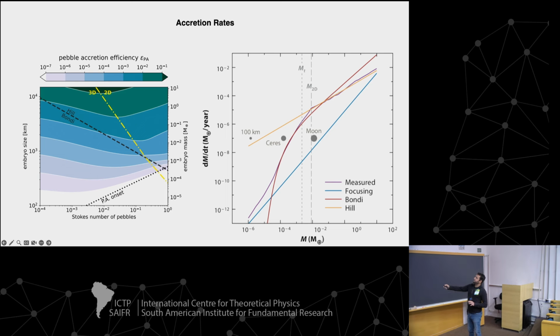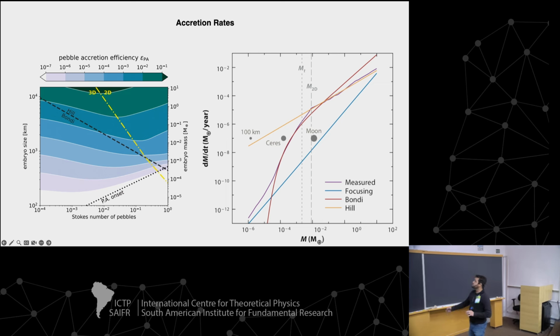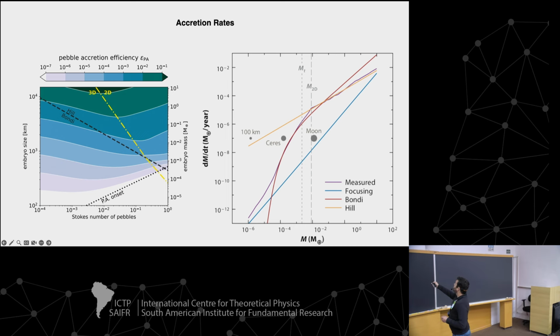So this is what is measured from the simulation, the purple line. And in blue, you have the planetesimal accretion growth rate. So that's the focusing, the accretion aided only by gravitational focusing. The red line is from Bondi accretion, and the orange line, the yellow line, is the accretion by Hill accretion.